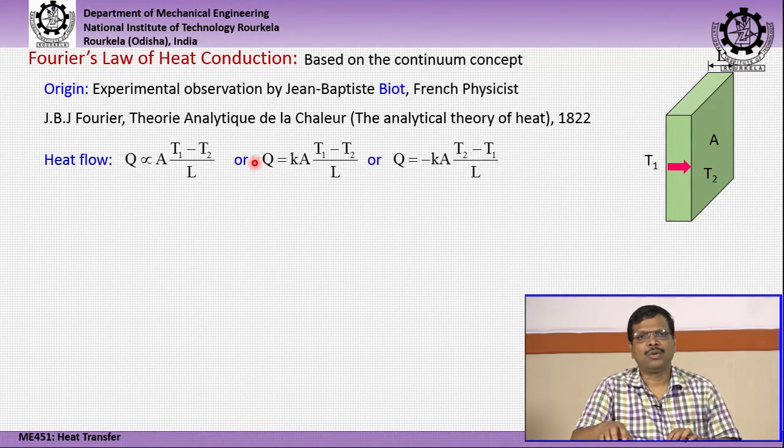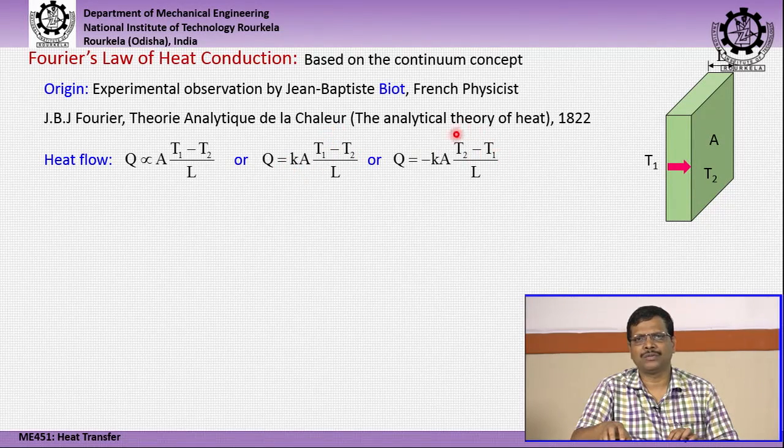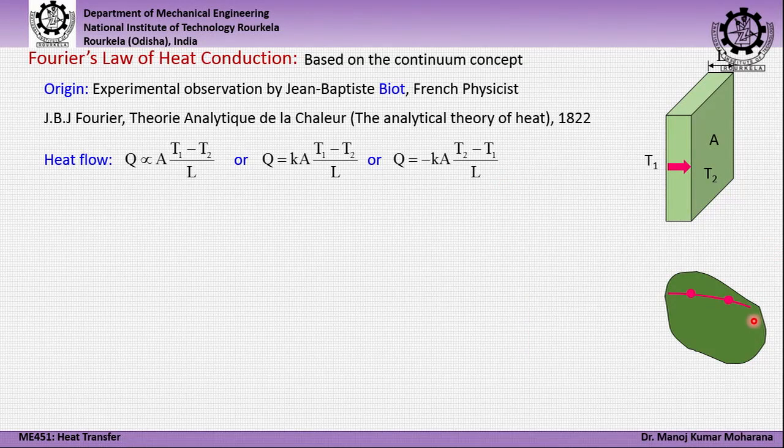Here we can rewrite this expression by introducing a negative sign, so that T1 minus T2 can be written as T2 minus T1. So, the heat flow Q in this system can be represented as minus K into A into (T2 minus T1) by L. If we consider the differential concept, let us say this is the variation of temperature in the domain, and we consider a small elemental strip here.